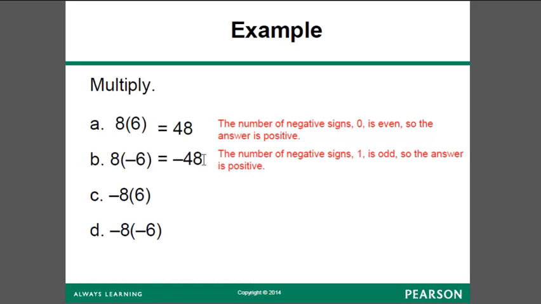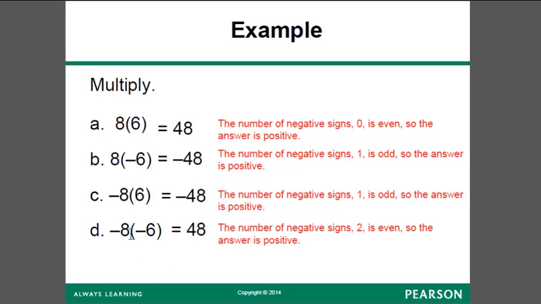It's an odd, 1 is an odd number. Again here, it's negative. Here, I have two negatives, negative times negative, which is even, so the answer is positive. Negative times negative will give me a +48.